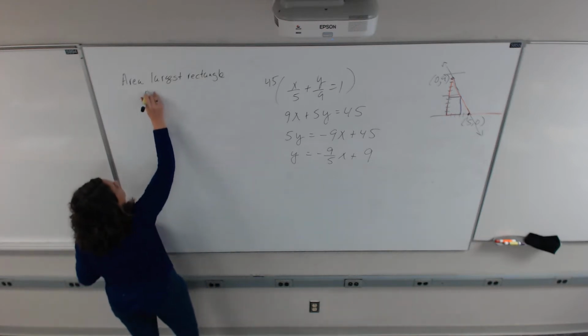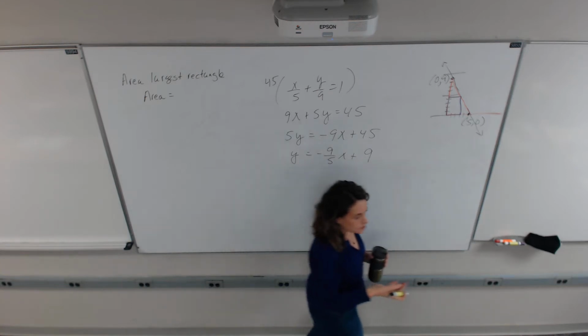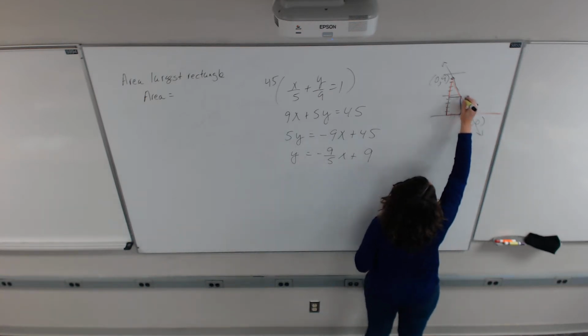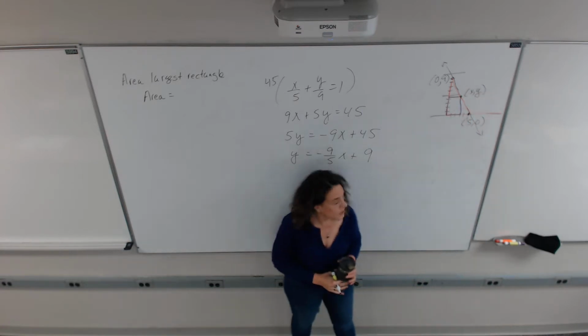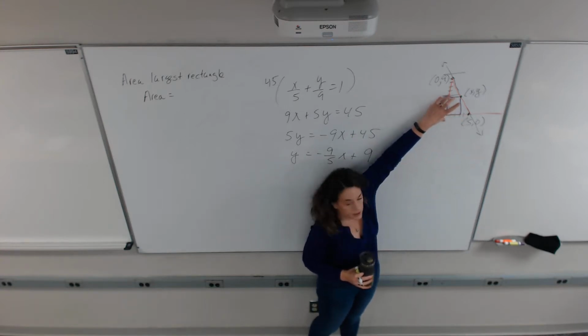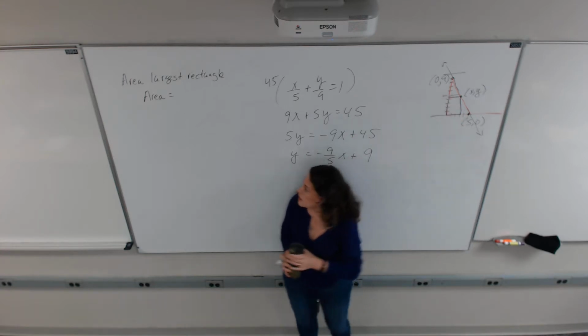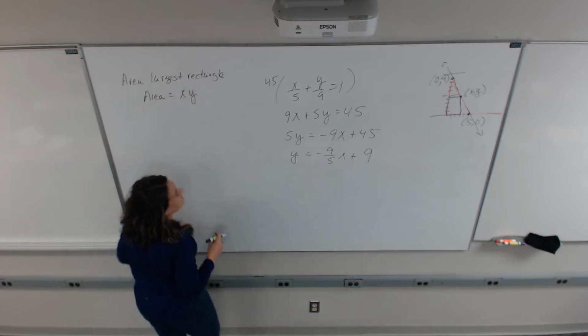And so the area here of that rectangle is going to be the x coordinate times the y coordinate. Let's suppose that this coordinate right there is x comma y. Then the width of the box is x and the height of the box is y, and that would make the area xy. All right?